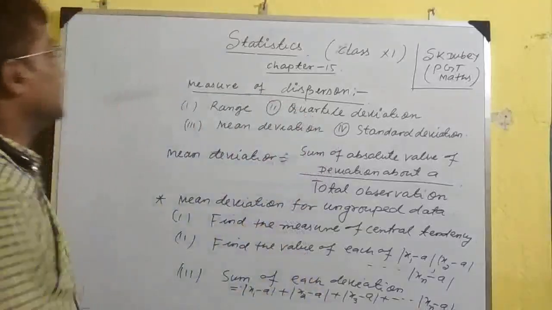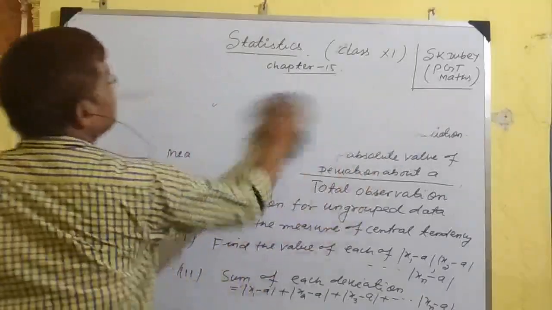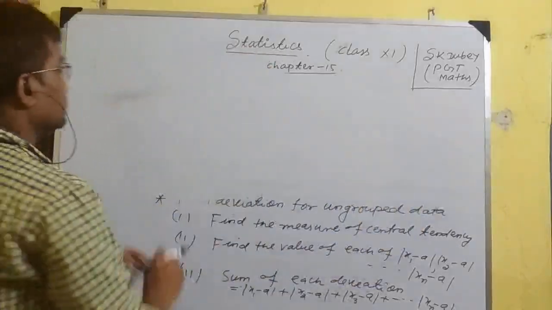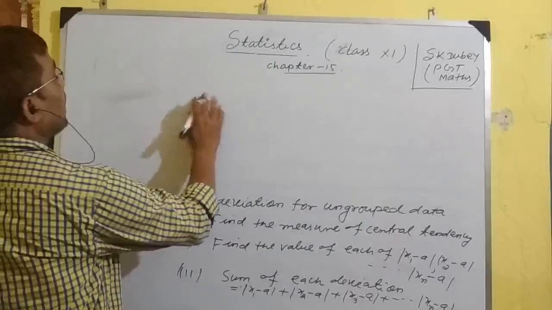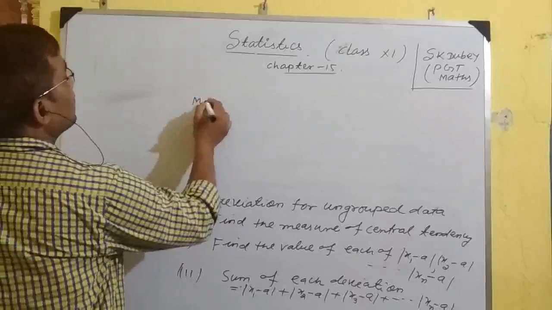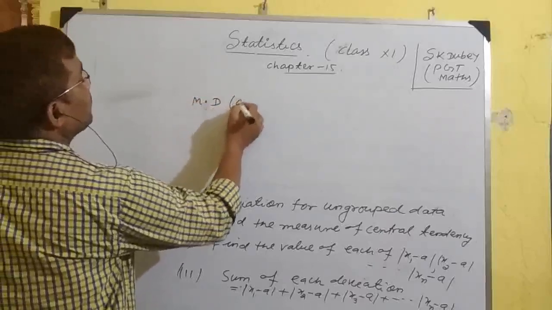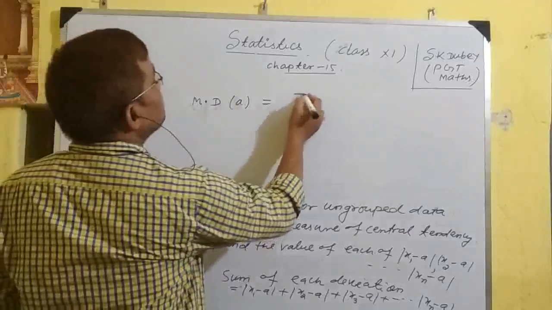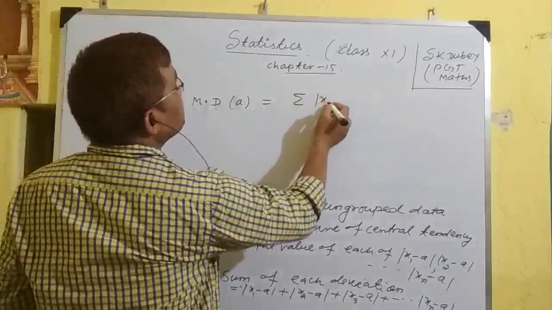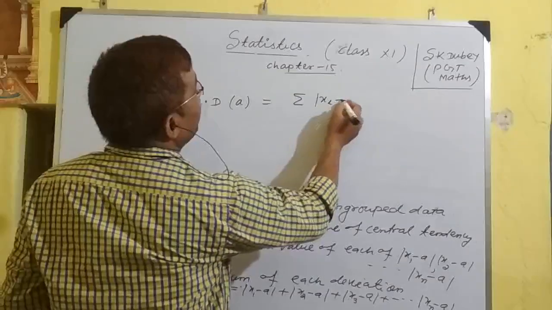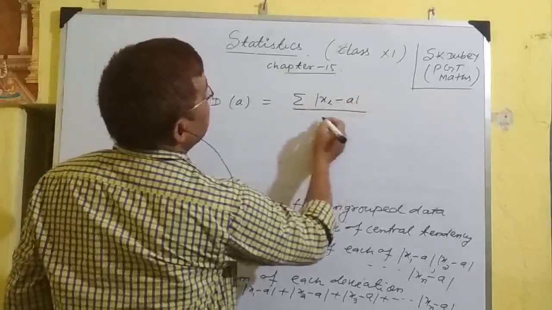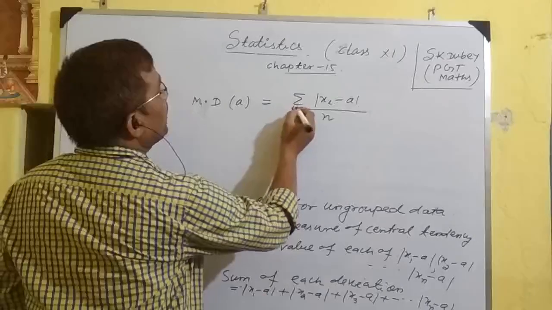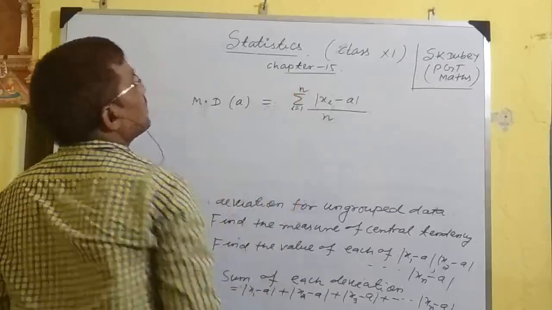Then mean deviation for ungrouped data is MD, the abbreviation of mean deviation, about A is the summation of |xi minus A|, divided by total observations n, where i varies from 1 to n.